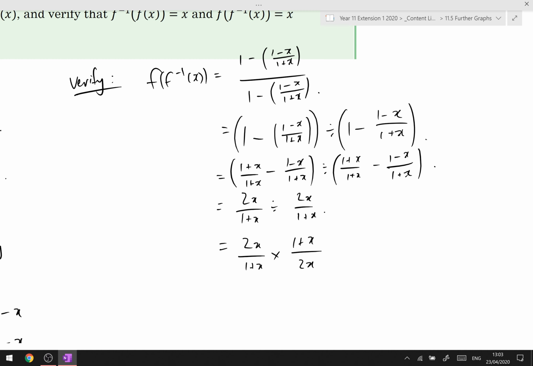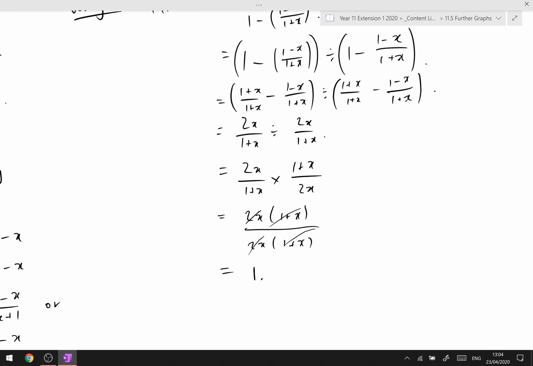Now, from memory, when you put a function inside itself and you get an answer of 1, it means that no matter what value of x I put in, I'm always going to get a value of 1. If you go back to the beginning of the video when I was talking about the identity function, whatever number I put in, I get that number out in return.